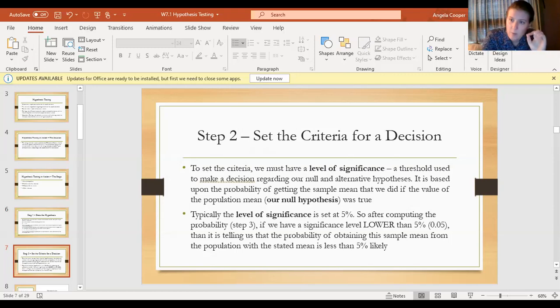We would say the probability that we would obtain this sample if the null hypothesis was true, if Generation Z really did spend the same amount of time on social media as the average consumer, the probability of obtaining this sample mean that we got is 4%.